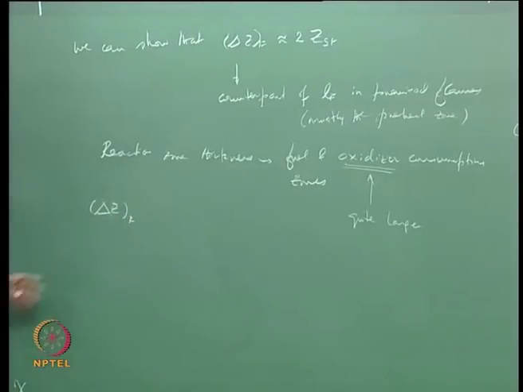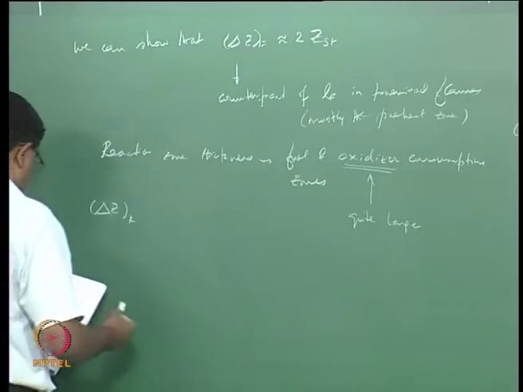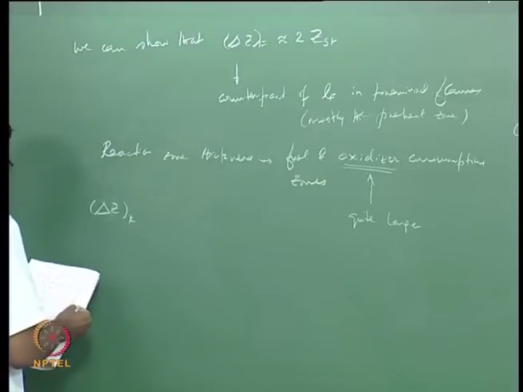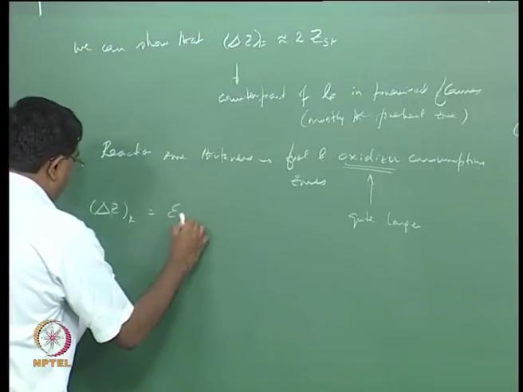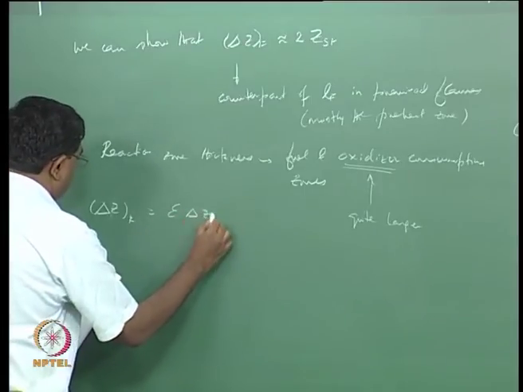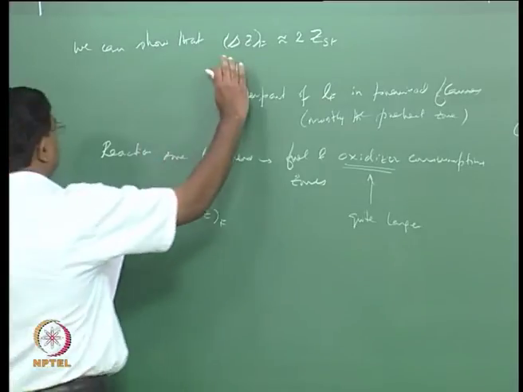This is the counterpart of L delta that we had in the preheat zone, in the premix flame, sorry, and we would now like to relate this to epsilon delta ZF. That means it's a fraction of the diffusion thickness.